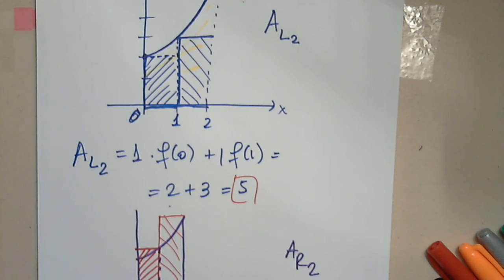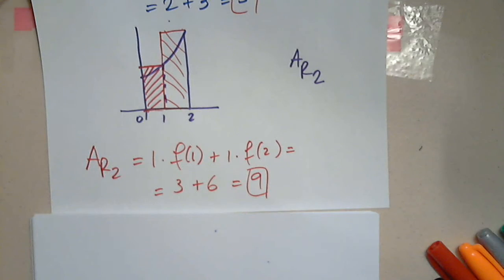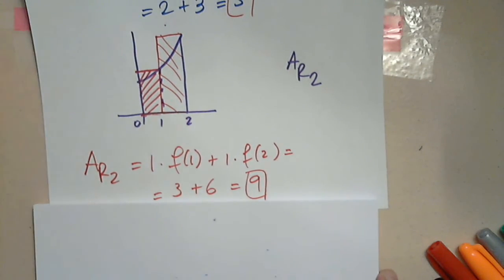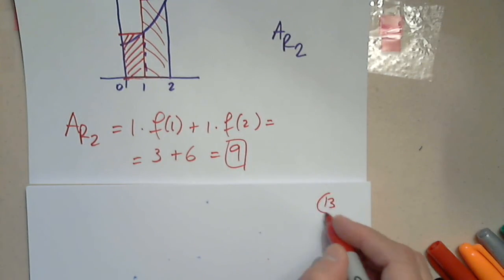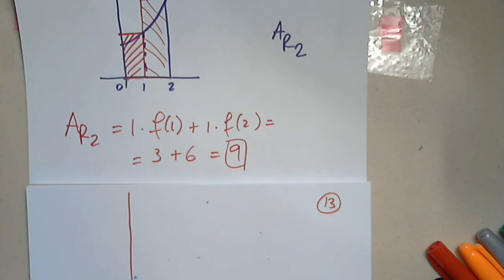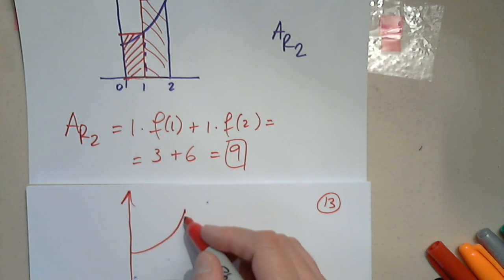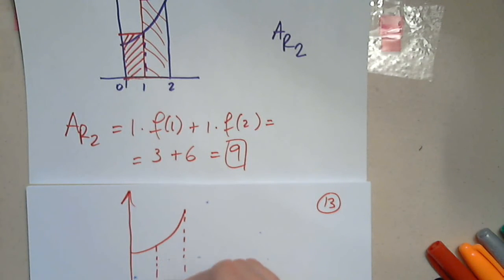Now let's look at what happens with the midpoint. With the midpoint, again, I'm not going to graph too many details. Here's our graph. This is 0, this is 1, this is 2. Now, here is my midpoint, which is 0.5, and here's my midpoint, which is 1.5.